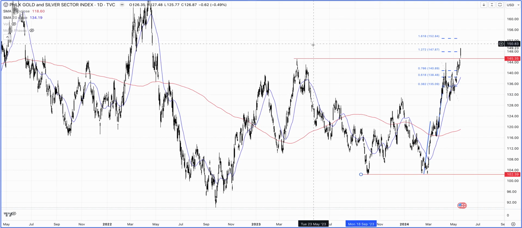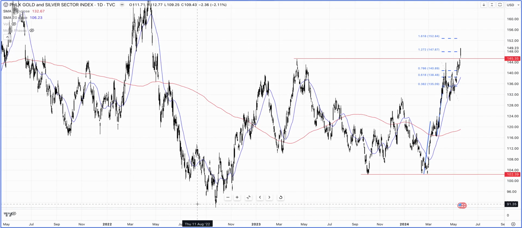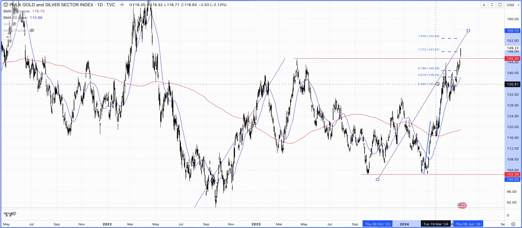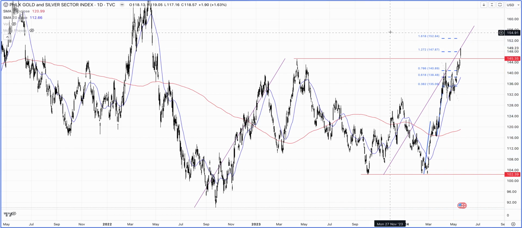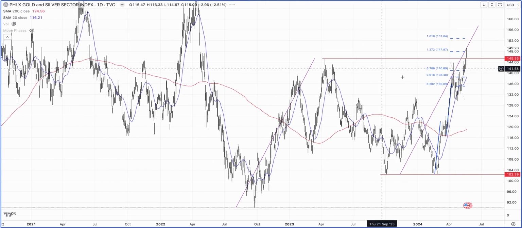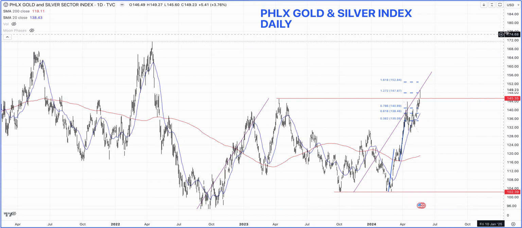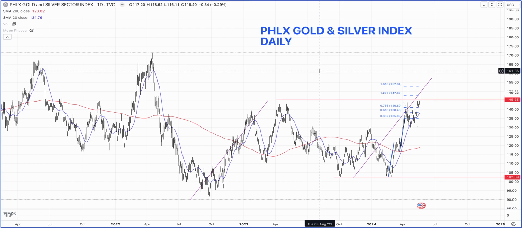So bottom of the range, top of the range, and we have this ABCD. So it looks to me like it's in a confirmed ABCD higher to 158 to 157.60. That is what we can take a look at for the gold and silver index daily chart.